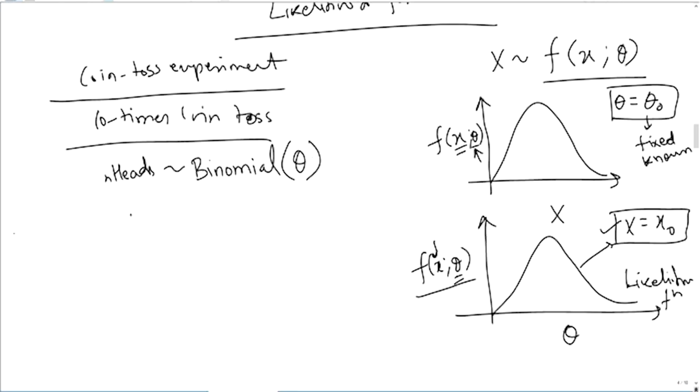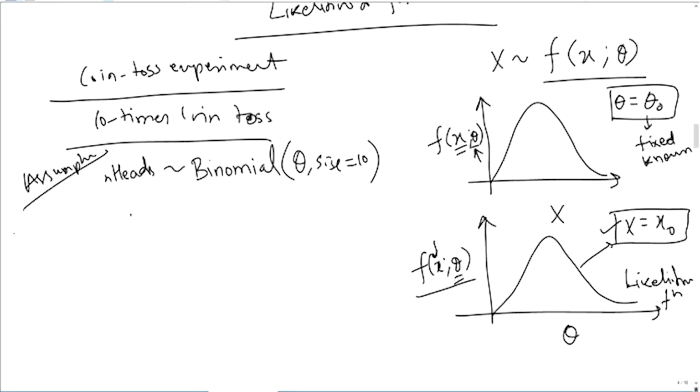This is your assumption, that the number of heads observed in a 10 times coin toss experiment would come from a binomial distribution with underlying probability of heads being theta. You can also write the sample size being 10 here because there are 10 coin tosses, right? So this will determine how many heads you will get, right? So this is your assumption.